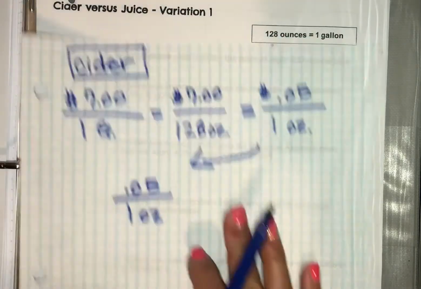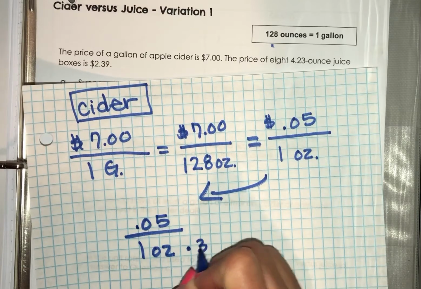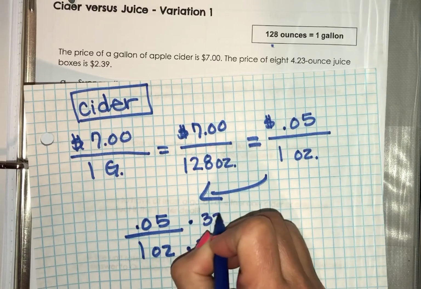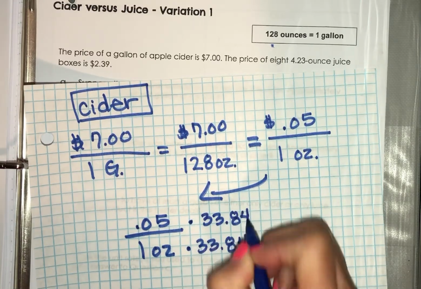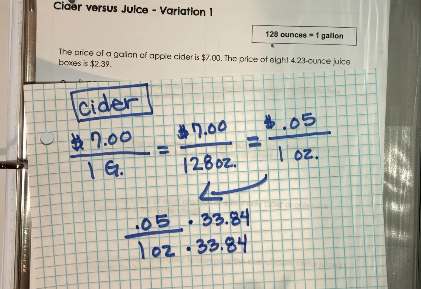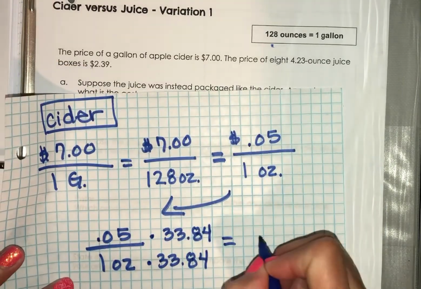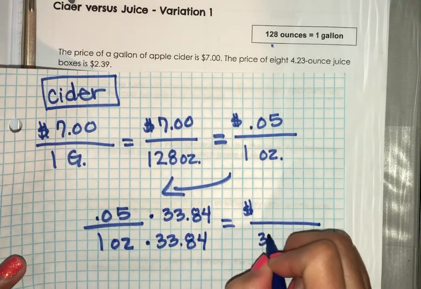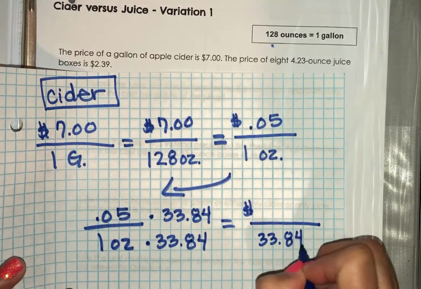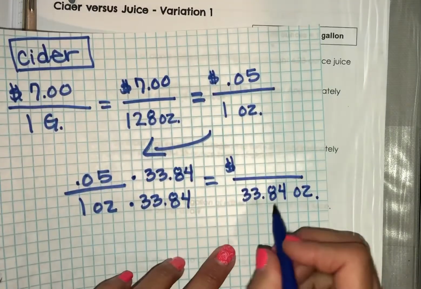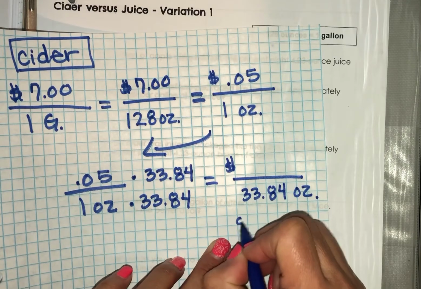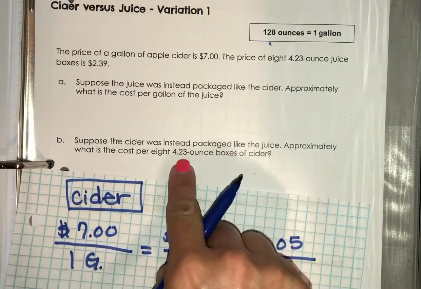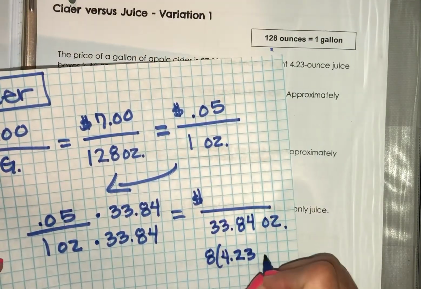So I need to multiply this by that 33.84, and that's going to give you your price for the 33.84 ounces, which are the juice box sizes, 8 of the 4.23 ounces.